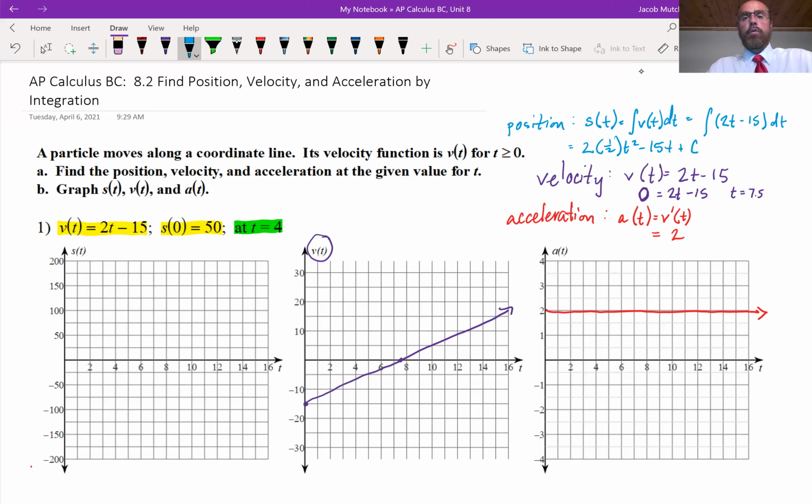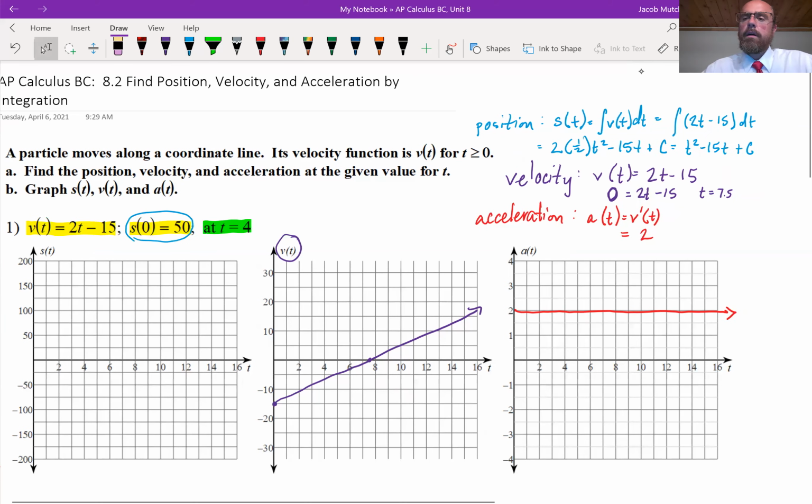So for me to be able to graph a particular solution here for my position function, I really need to use this initial condition. The position at time 0 is 50. So I can simplify this down a little bit more. 2 times half is just 1. So really the function is t squared minus 15t plus c.